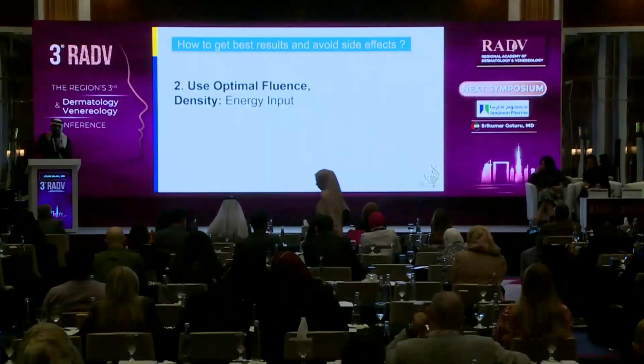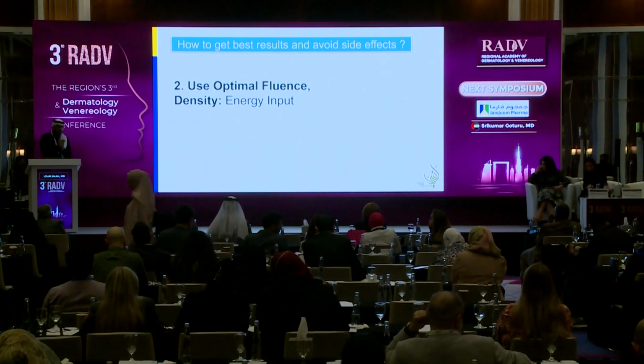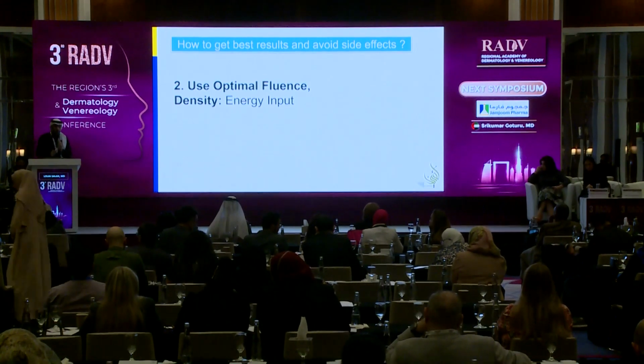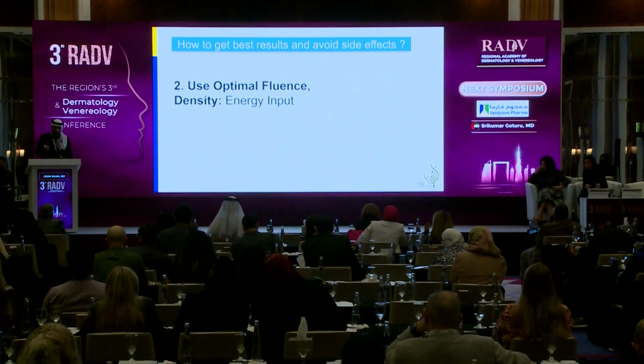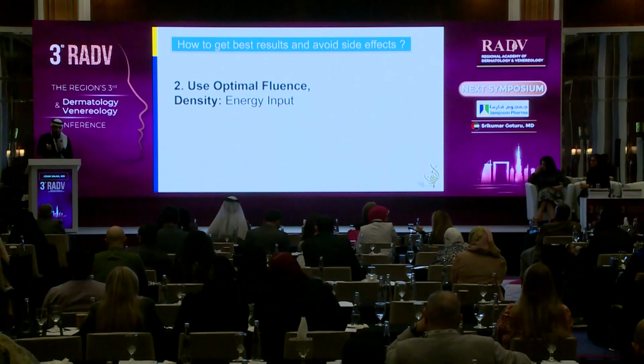My next step is to use optimal fluence, because you want to use the most effective, lowest fluence possible to reach your target endpoint. If you use a higher energy, there will be dissipation of energy to the surrounding tissue, which will cause thermal hypo or hyperpigmentation.